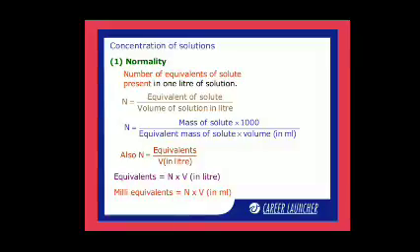Number of gram equivalents of solute present in 1 liter of solution is called normality. Therefore, normality N is equal to equivalents of solute by volume of solution in liters. N is equal to mass of solute into 1000 by equivalent mass of solute into volume of solution in milliliters.